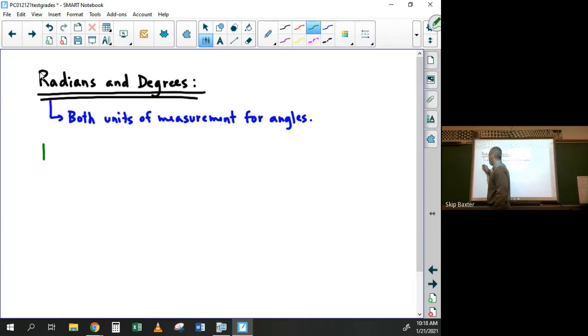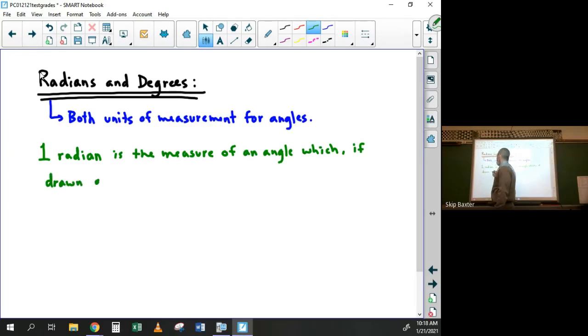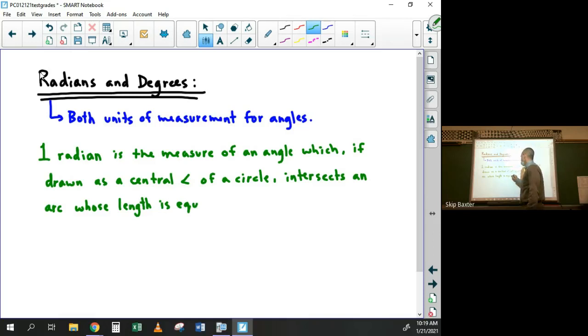This is the definition of a radian. 1 radian is the measure of an angle which, if drawn as a central angle of a circle, intersects an arc whose length is equal to the circle's radius.